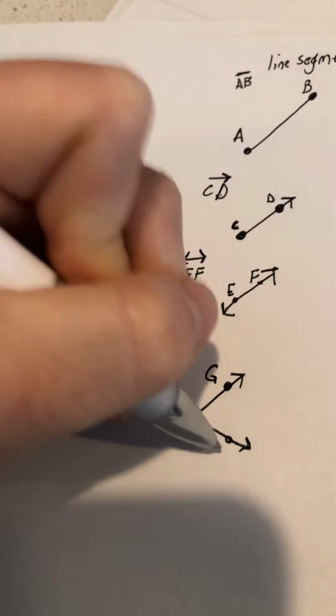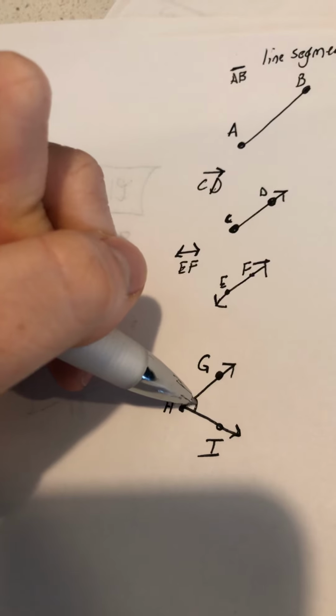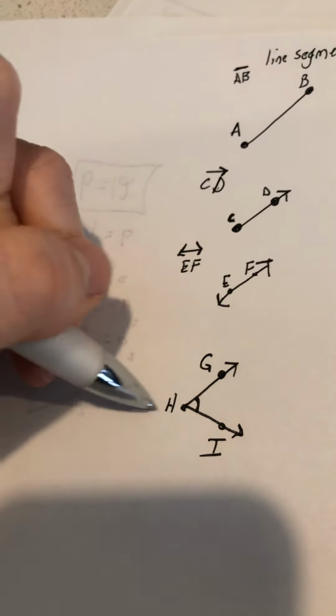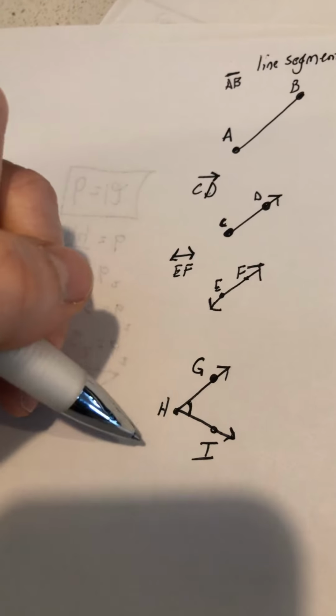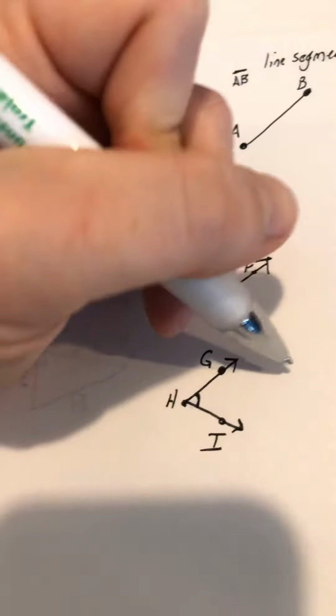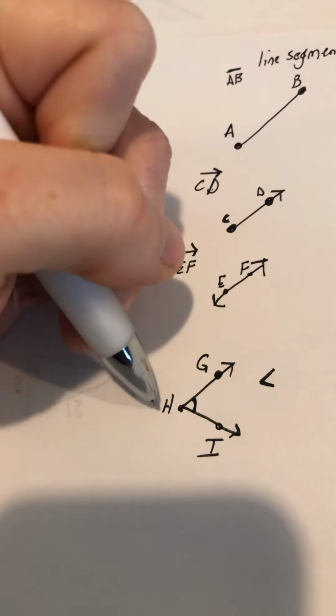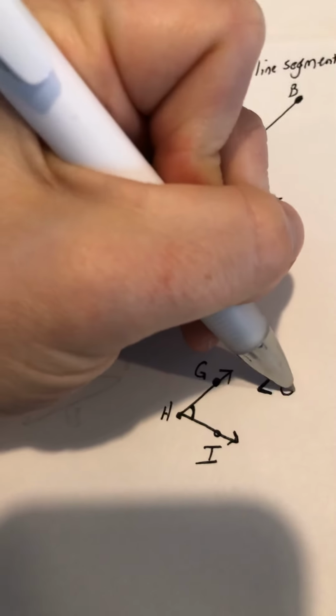Let's go, G, H, and I. Okay, so the angle is the space between here. We call it by 3 different points or just by the vertex. So the H is the vertex. If we name our angle, we have that symbol in front that means angle. And so this is angle GHI.